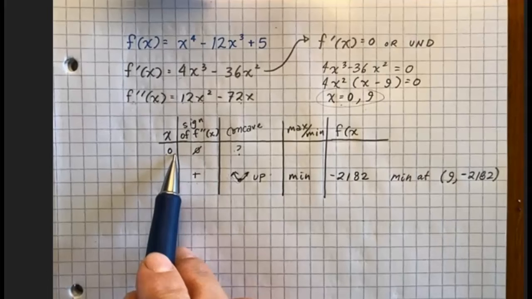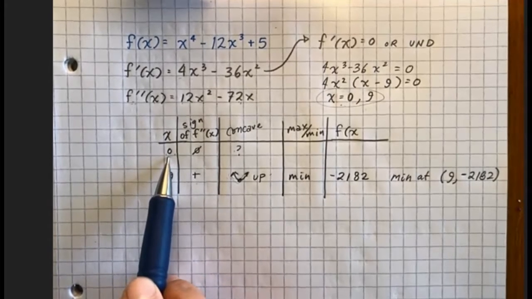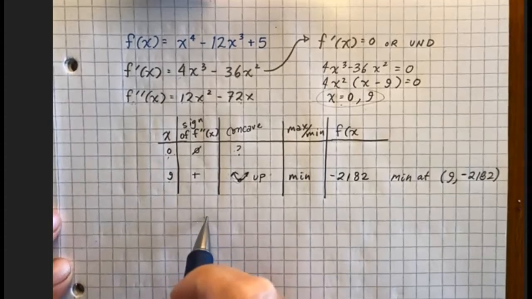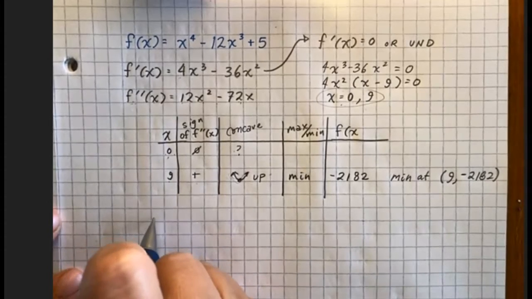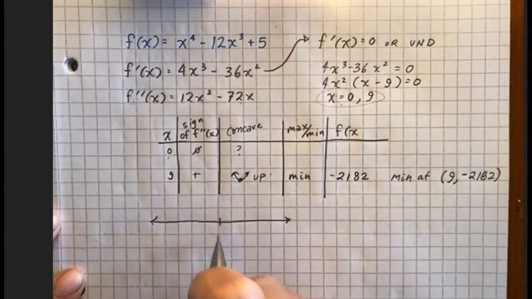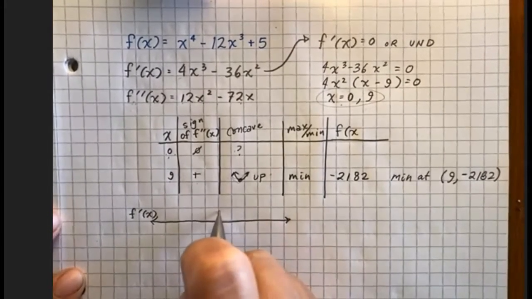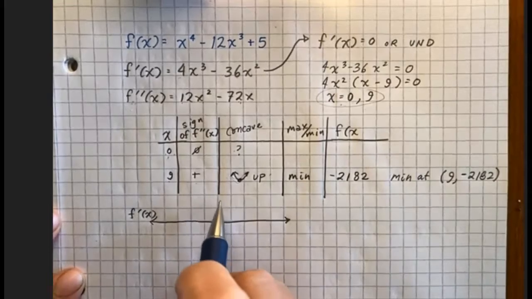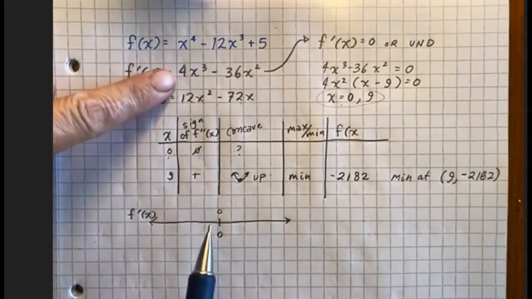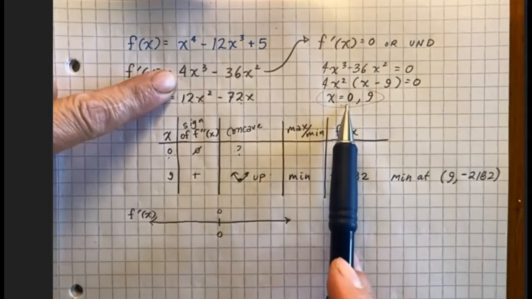In order to figure that out, we need to know what's happening before and after 0. So we're going to use the first derivative test. Recall that we would make this lovely little number line, and at 0, f prime of x is 0, right? Because if you plug in 0 here, you've got 0. That's how we know that it's a critical value.